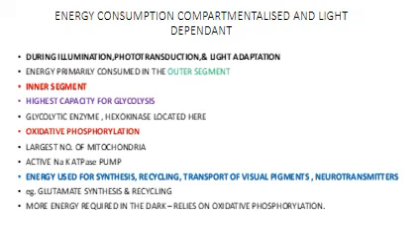It also has provision for oxidative phosphorylation because it has the largest number of mitochondria. It also has a very active sodium-potassium ATPase pump. The energy is used for synthesis, recycling, and transport of visual pigments and neurotransmitters. It is used in glutamate synthesis and recycling.